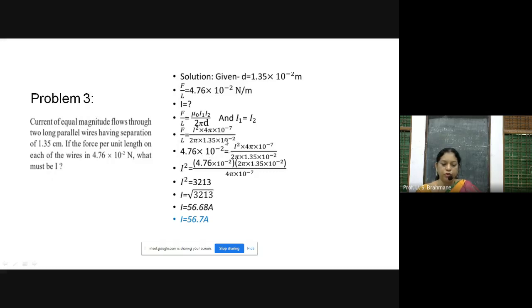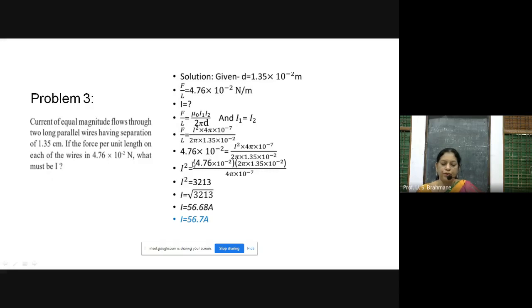Now what we'll do is modify this. We'll take this I square on one side, just substituting the values first. For F upon L, it is given 4.76 into 10 raised to minus 2, which is equal to I square into 4 pi into 10 raised to minus 7 divided by 2 pi into 1.35, that is D, into 10 raised to minus 2.